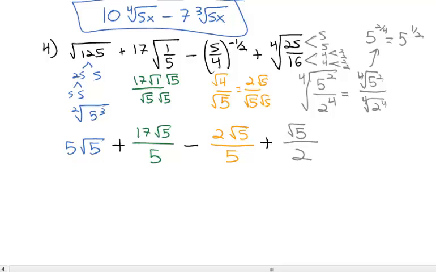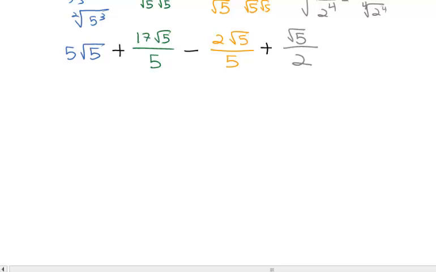Each term in this problem has a like term of the square root of 5. So as we start to combine things, 17 minus 2 is going to be 15 root 5 over 5, and that's going to reduce to 3 root 5.